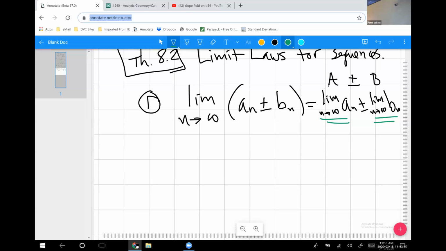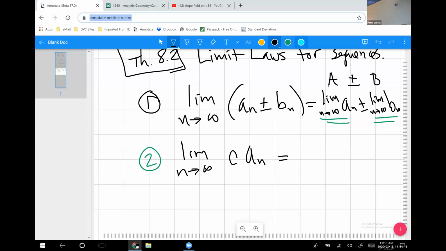And then you have the limit. Oh, forgot to change color. The limit of, it used to be a constant times a function, but we're going to do a constant times the terms of a sequence.